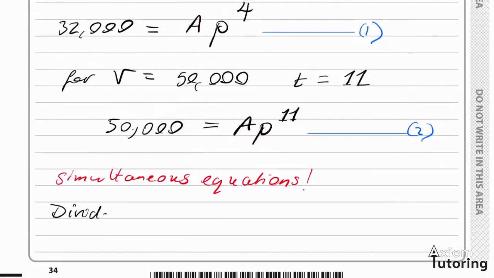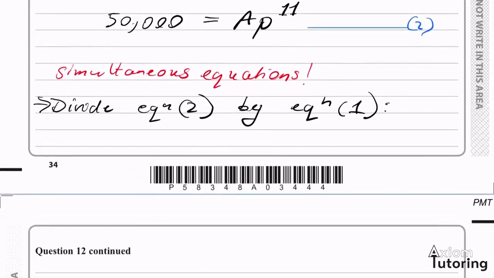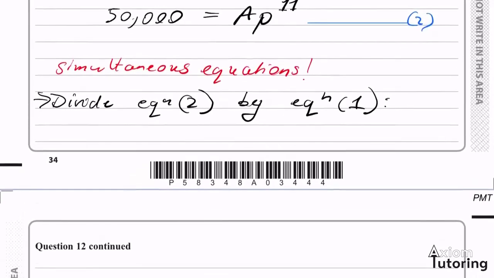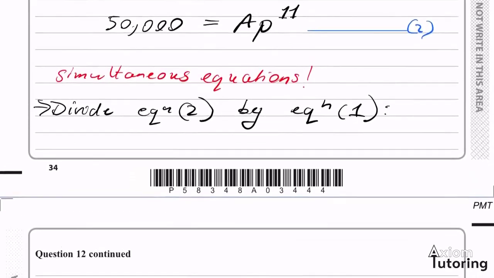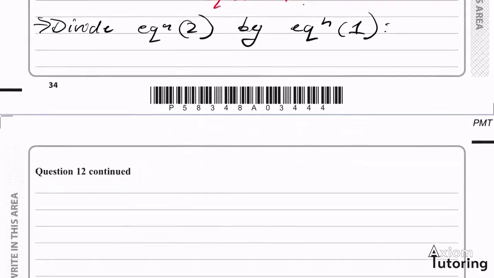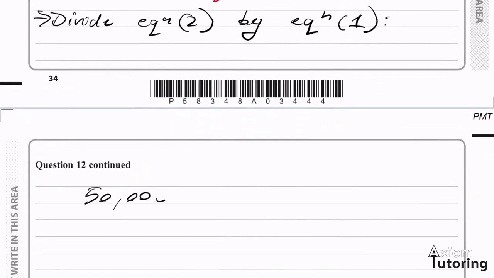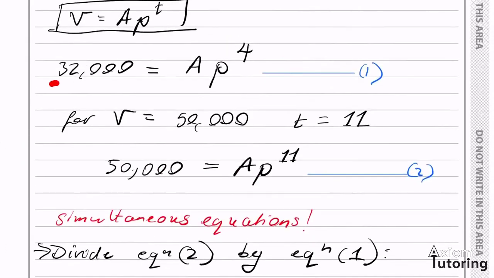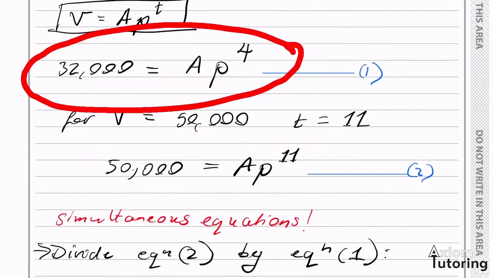So divide equation 2 by equation 1. And I'll write that out as a fraction so we can clearly see what's happening here. So if we do equation 2 divided by equation 1, that's going to be 50,000 equals A P to the power of 11. And if we're dividing it by this equation, we're just doing this over this.